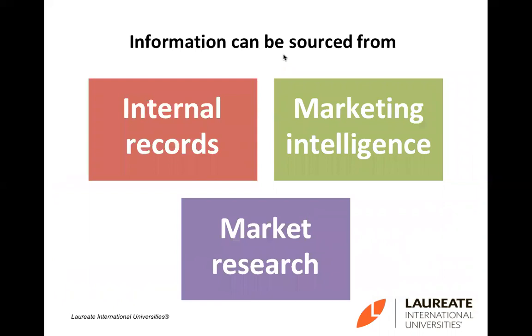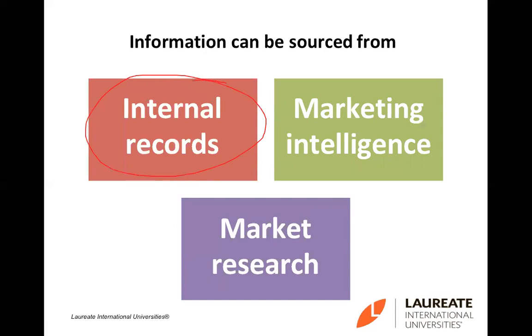There are three sources of information that we need to look at. The first one is internal records, the second is marketing intelligence, and the third is market research. The internal record is the first thing I'd like to recommend you look at when it comes to sources of information.